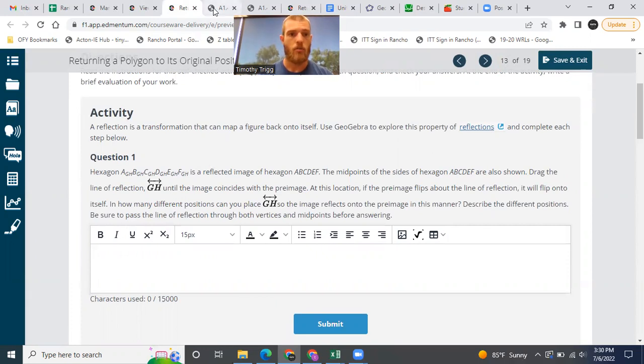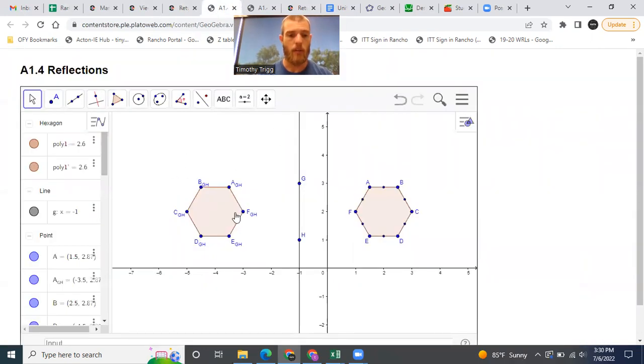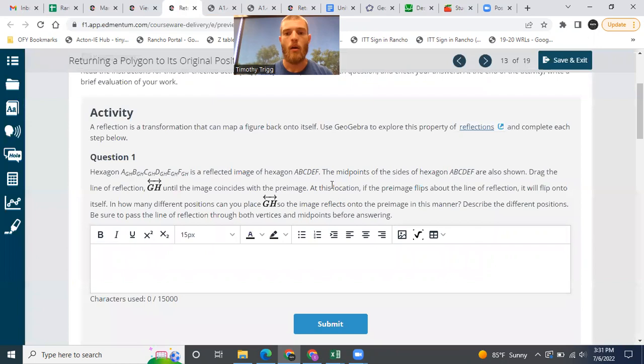All right, this one is a reflected image of the other hexagon. So we can see that here. This one on the left is the reflection of the one on the right. The one on the left is the image, the one on the right is the original, the pre-image. The midpoints of the sides of hexagon ABCDEF are also shown.